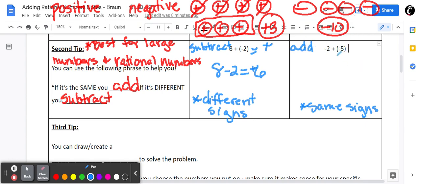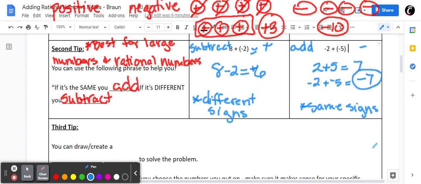I still want to look at which numerical value is larger, though. It's -5 because my 5 is bigger than 2, so my answer is going to be negative. Then I just have my 2 plus 5, which gives me 7. So -2 plus -5 gives me -7.